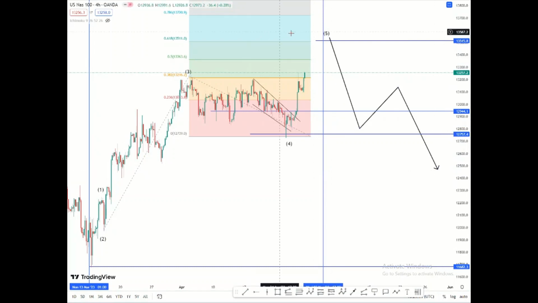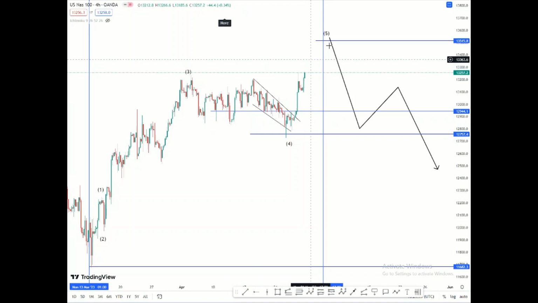Once you finish this full cycle, what to expect is an ABC type of pattern in the opposite direction before you continue with the bullish trend. This ABC is just correcting wave 1, which is made of mono waves, these 1, 2, 3, 4, 5.